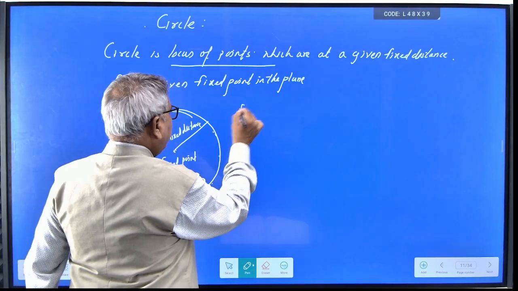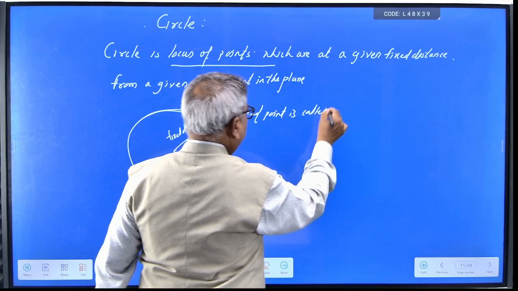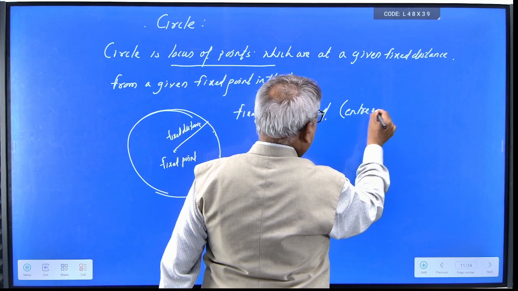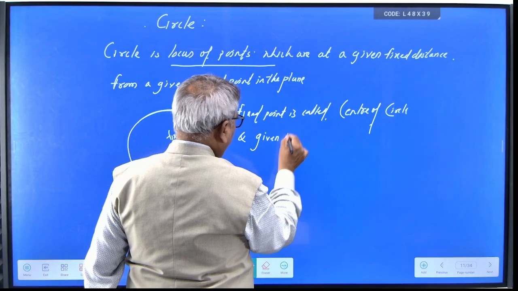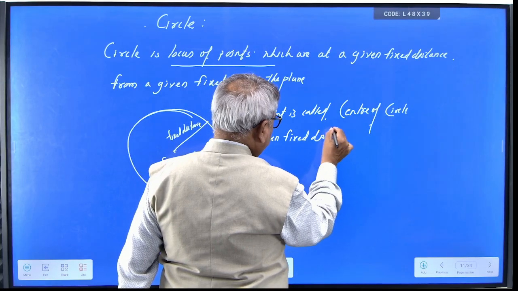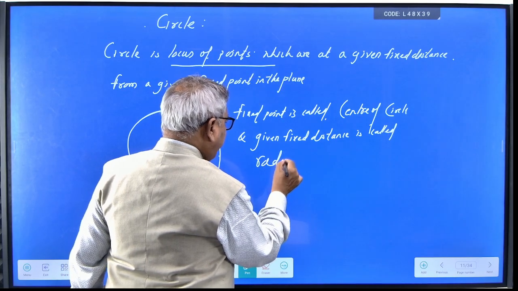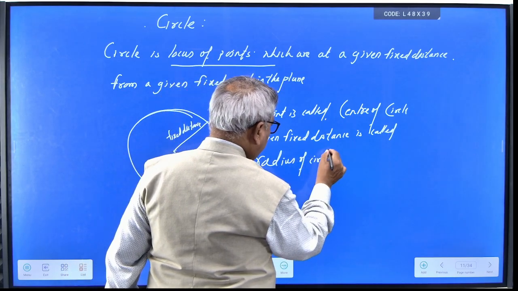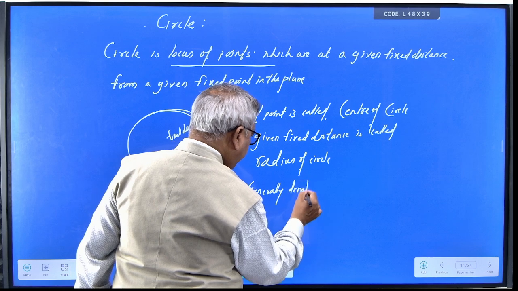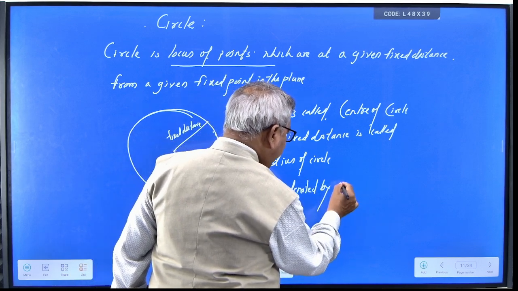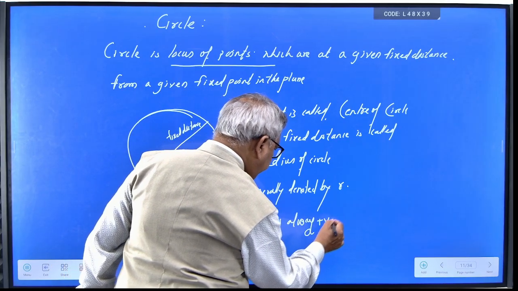That fixed point is called the center of the circle, and the given fixed distance is called the radius of the circle. It is generally denoted by R. It is always positive, right?